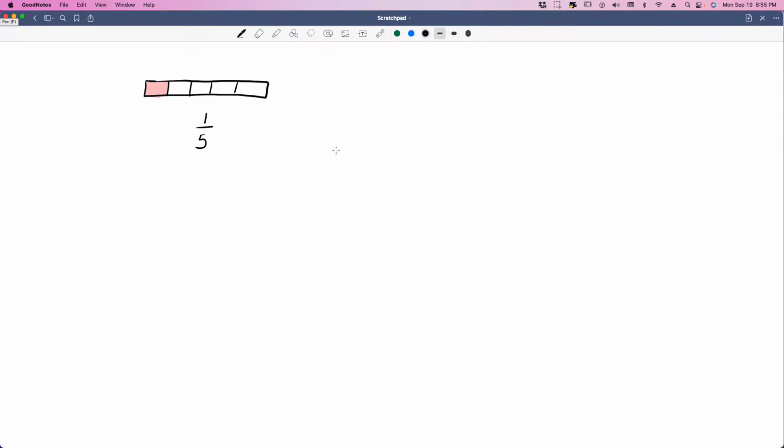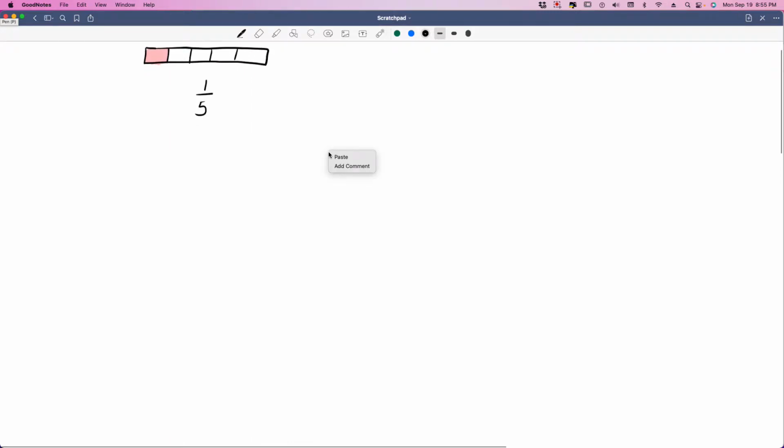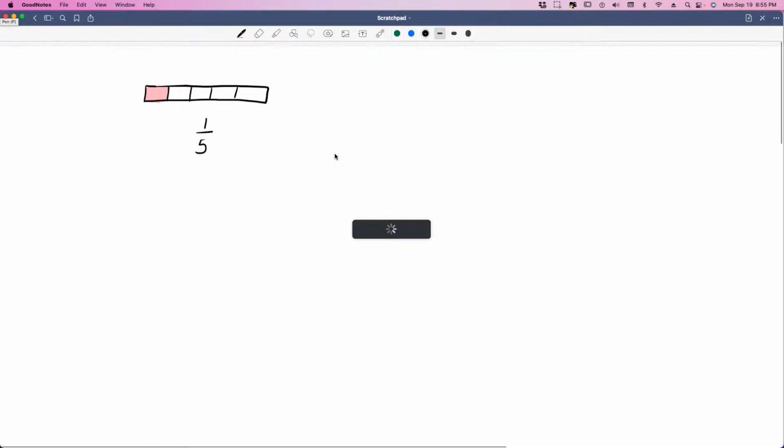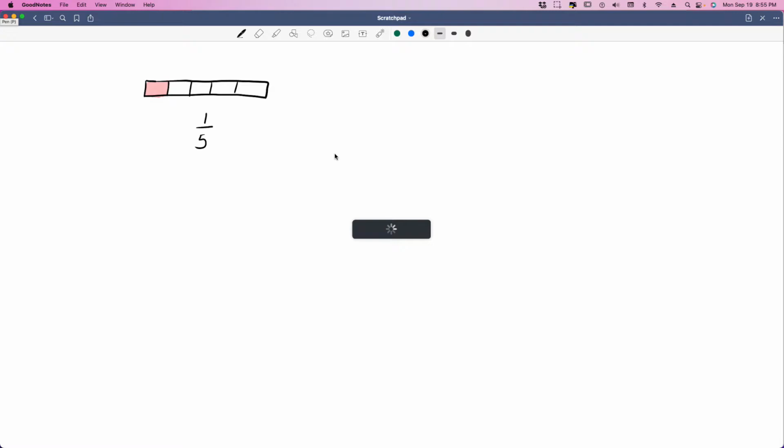So now, if it will ever paste for me, it's thinking. I'll give it just a second. It takes it a minute. That is not what I wanted it to copy. Okay, wrong thing. So now let me get rid of that.